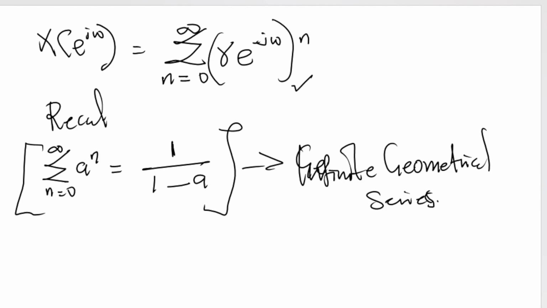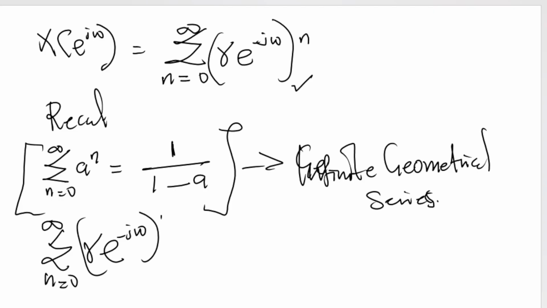Are we together? So if we are to represent what we have here with this equation, we'll simply have that sigma from n equals 0 to infinity of r times exponential minus jw, all in bracket raised to the power of n, will now be equal to 1 divided by 1 minus, in place of a, everything here, such that your a will now be r exponential minus jw.